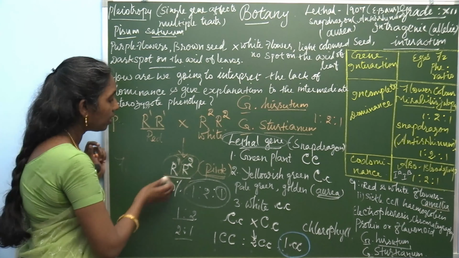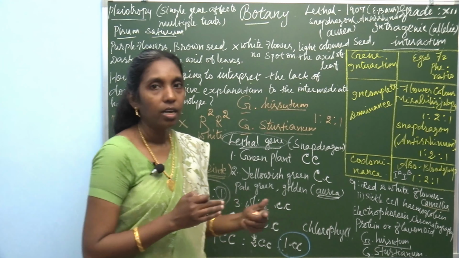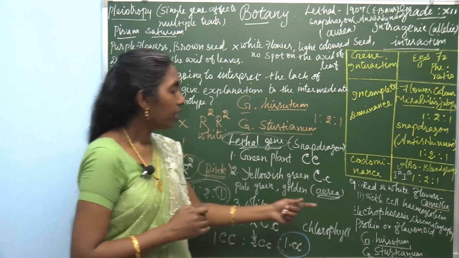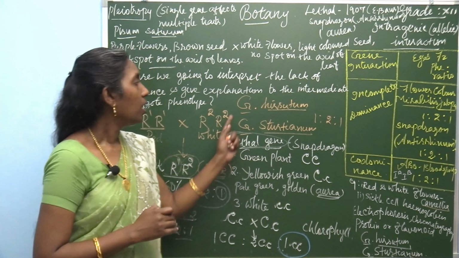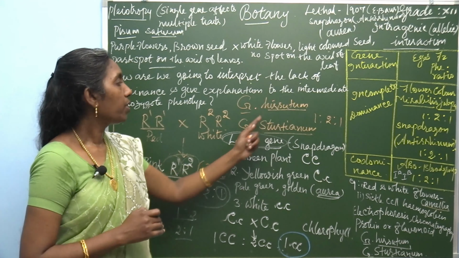But in codominance, there is simultaneous expression of the genes. Codominance, what is the example? Here protein chromatography comes under this; cotton, Gossypium hirsutum and Gossypium barbadense, is the example. So, it gives a 1:2:1 ratio. Then lethal gene, example snapdragon.